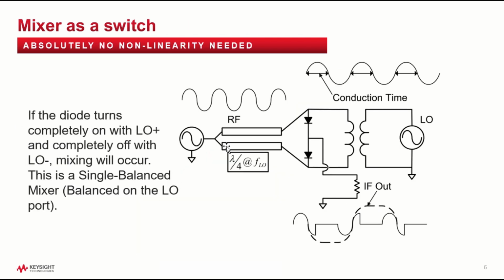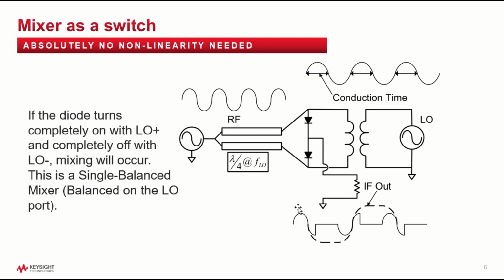So here is a representation of that single balanced mixer. We have a local oscillator coming into the mixer, and it's essentially multiplying the RF by essentially an on-off wave. So it's basically chopping the RF at the LO frequency. And so the idea is, in general, you drive these diodes as hard as you can, maybe even with a square wave, to get them to turn on and off really fast.